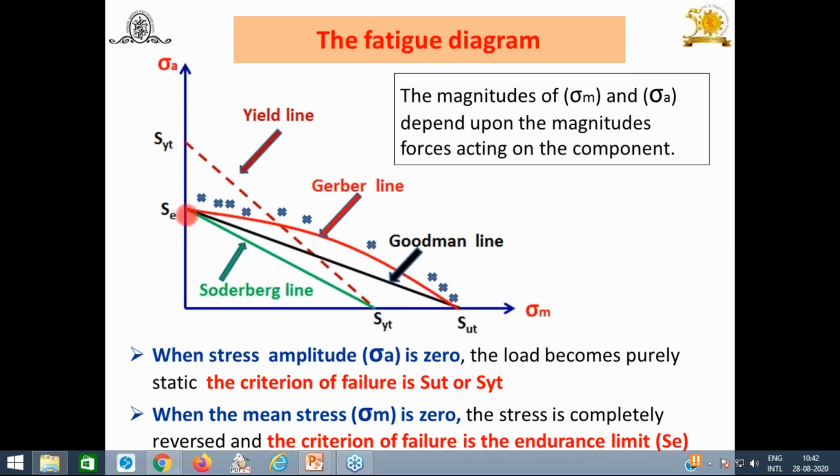I have already explained this thing. What do you mean by Soderberg line? The line joining the SYT on the x-axis and SE on the y-axis, you can say is the Soderberg line. The line joining the SE on the y-axis and SUT on the x-axis, that is the Goodman line. It's a straight line. The Soderberg line is also a straight line. But the Gerber line is a parabolic curve which joins SE on the y-axis and SUT on the x-axis. It's the Gerber line.